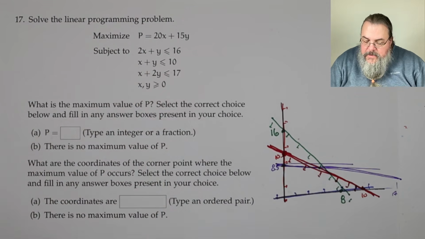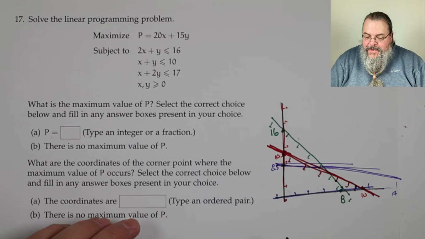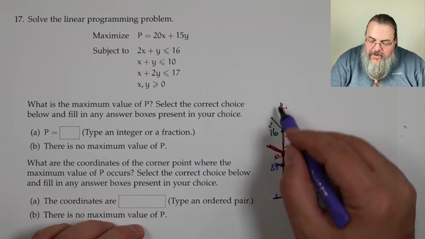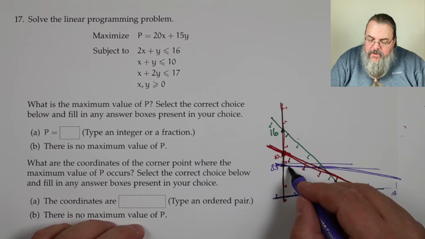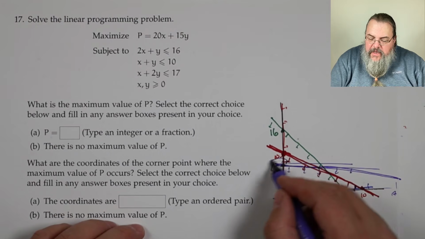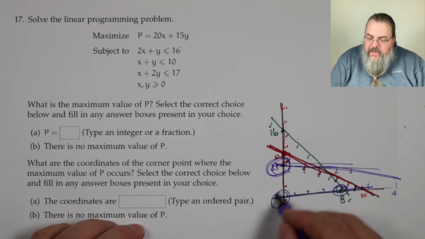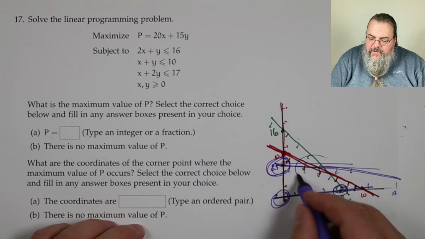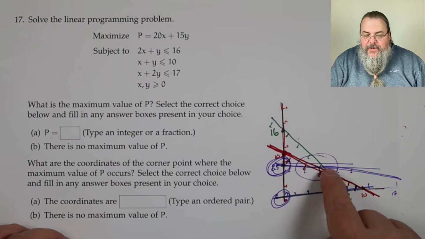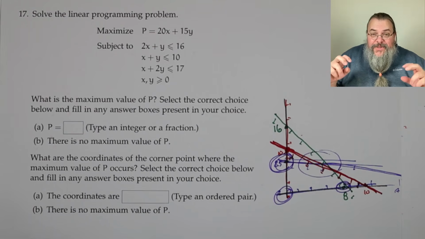Now, this is where the picture can get a bit muddled. It's not too hard to figure out that we want to go below here. It's not too hard to figure out, hey, that's a good corner, that's a good corner, that's a good corner. But then you have these other three, the intersections of those pairs of lines, and you're wondering which of those are corners.